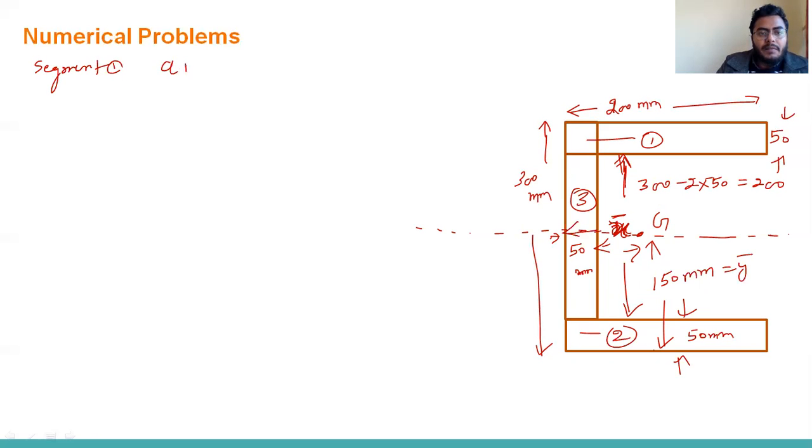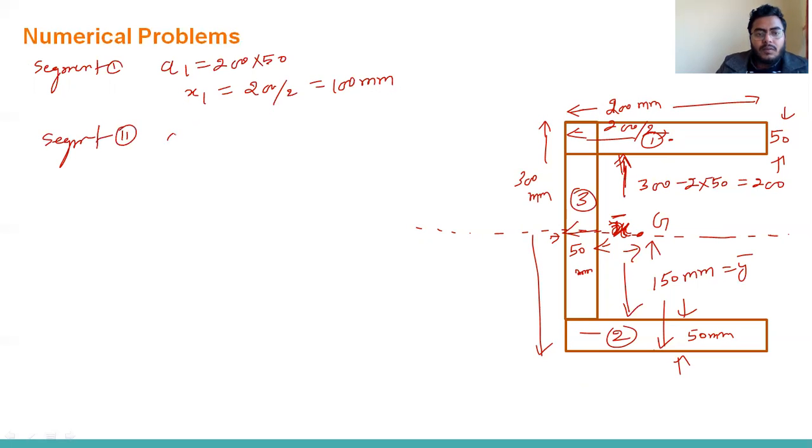Now for segment 1, what will be A1? 200 into 50. What will be the x1? The centroid will be at a distance of h by 2, where h is 200, so it will come 200 divided by 2, 100 mm. Now segment 2, A2. Total height is 300, but the top 50 and bottom 50 are counted in sections 1 and 2.